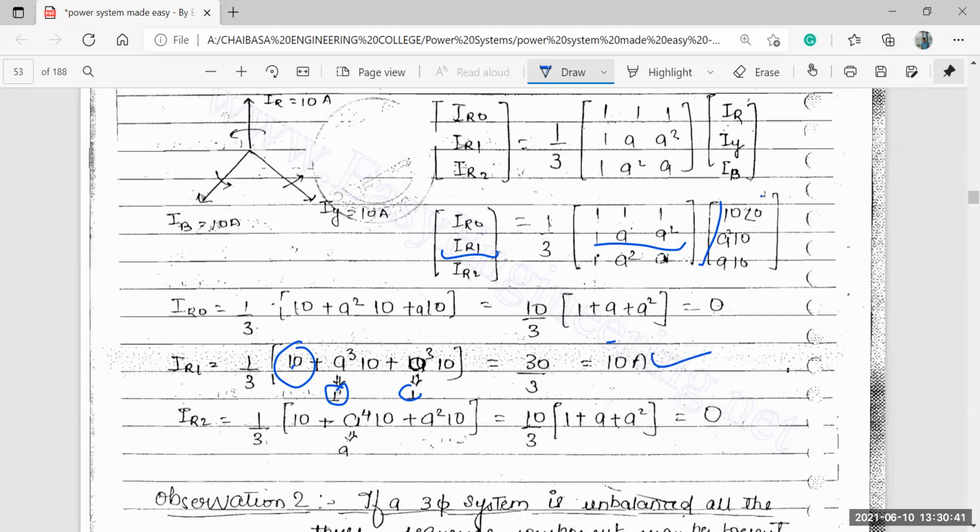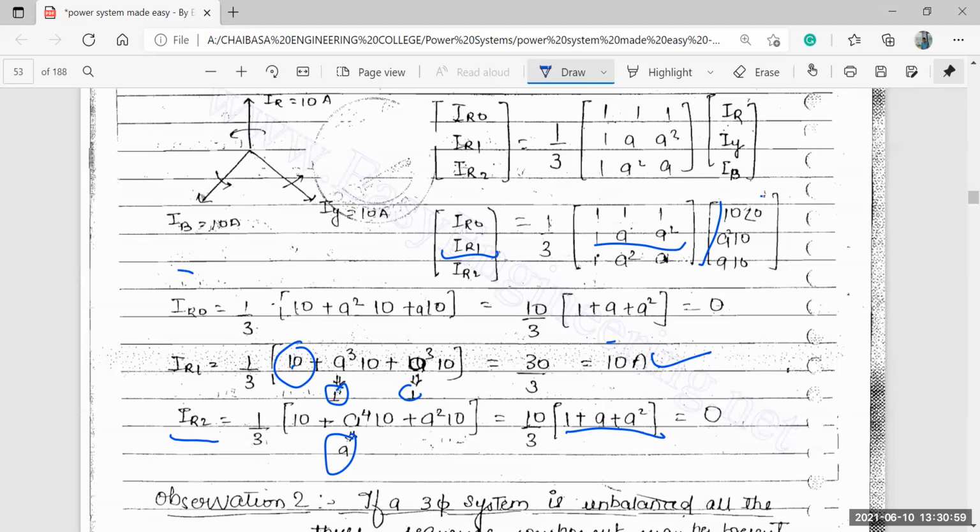That's what we are getting, right? Similarly, for I2, it's 1 by 3 times 10, with A to the power 4 working as A, plus A square times 10. If we take 10 common, we again get the equation that is equal to 0.